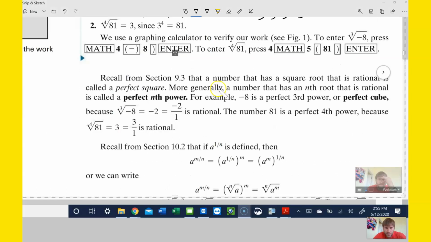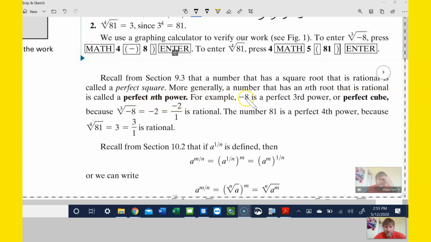So you remember back in chapter 9 we talked about the perfect squares. Like the perfect squares would be 4, 9, 16, 25, because each one of those has a perfect square root. Well, you can go to higher powers than just a square. If anything has a perfect nth root, it is called a perfect nth power.